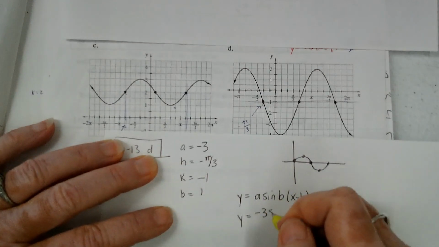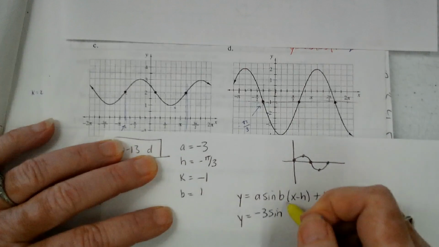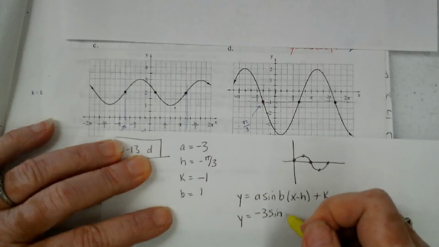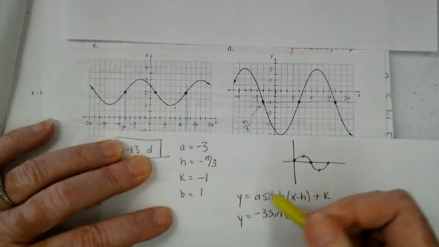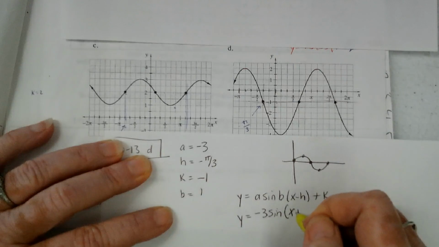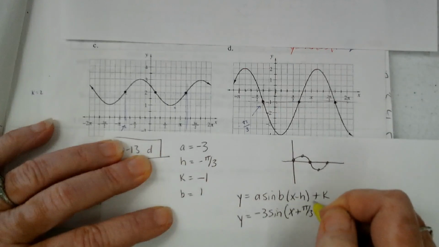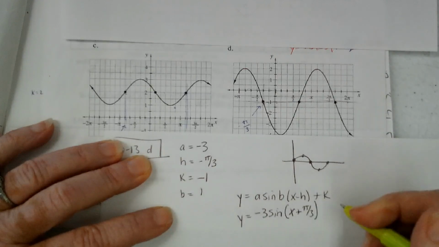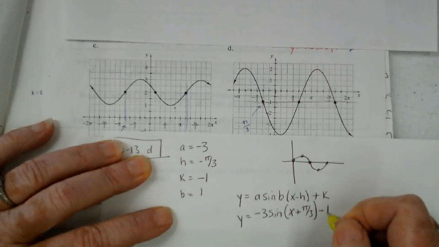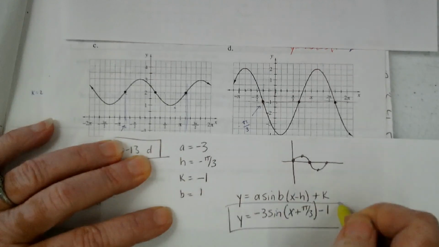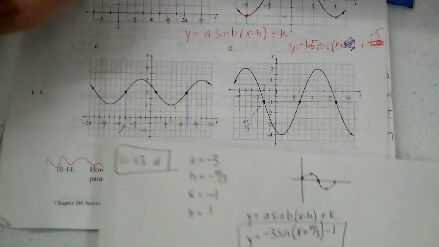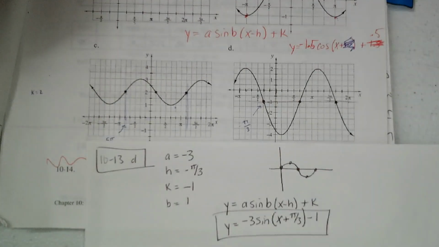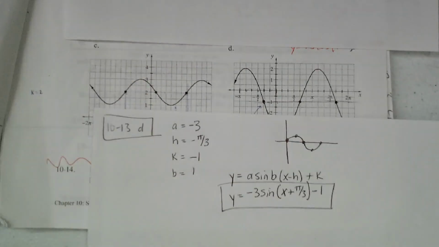Then we got sine. B was 1, so we're not going to write that. X minus h, so x minus negative pi over 3 would be x plus pi over 3. And then k was -1. So I got that. I'm going to check that and make sure, yep, and that's it.